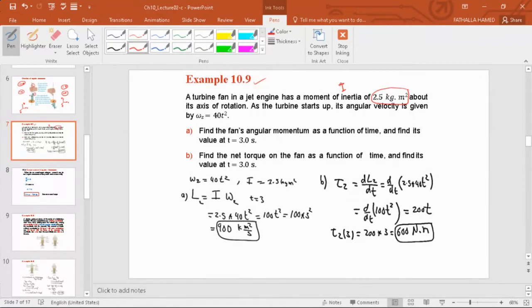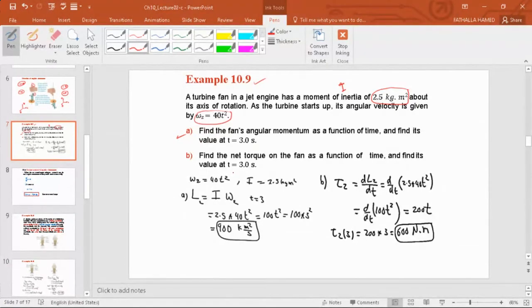As the turbine starts up, its angular velocity is given by omega z equals 40 t squared, so it is rotating around the z axis. A: find the fan's angular momentum as a function of time and find its value at 3 seconds. B: find the net torque on the fan as a function of time and find its value at 3 seconds.